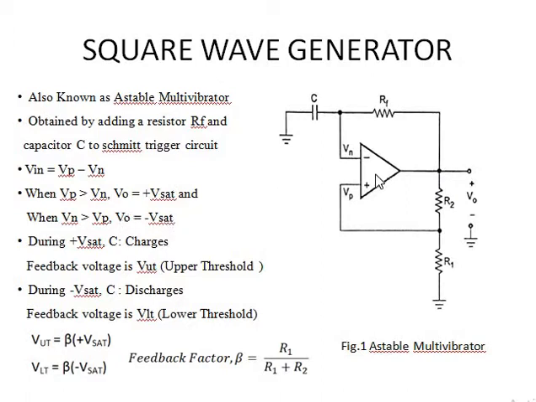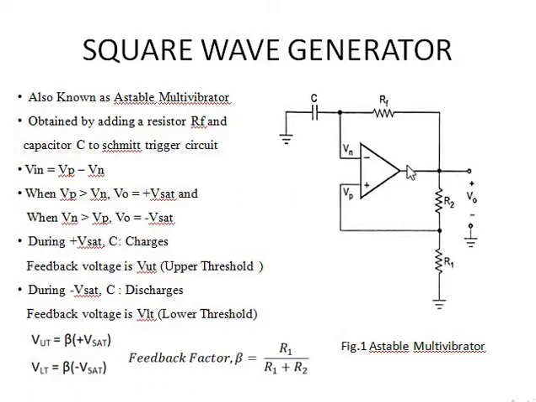Okay. Now let us see what will happen to this circuit during this positive V saturation output and negative V saturation output. During the first case, that is during positive V saturation output or when Vp is greater than Vn, what will happen?